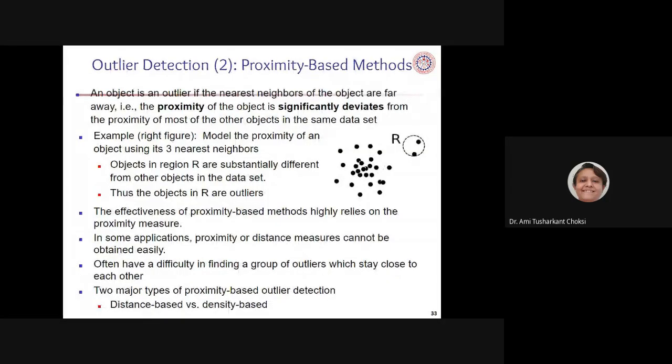So next we want to know about proximity-based methods. An object is an outlier if the nearest neighbors of the object are far away.